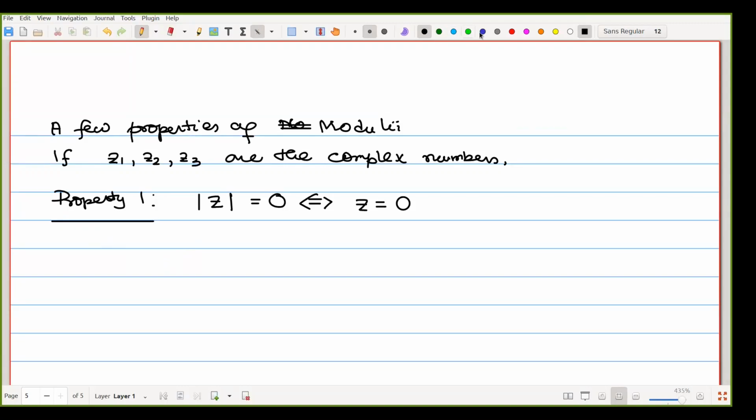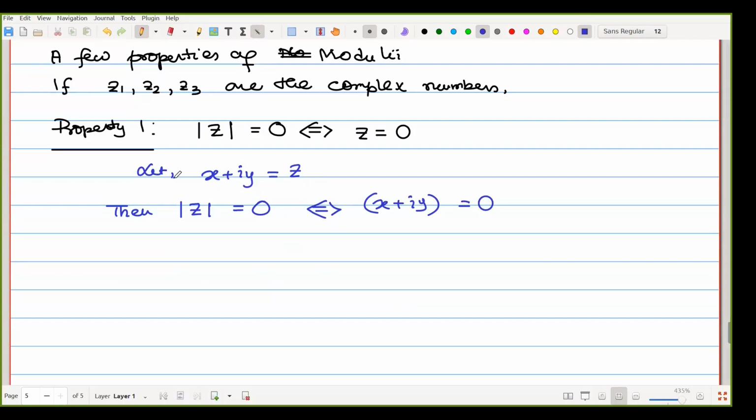How can we prove it? Let x plus iy be equal to z. Then, as we have modulus of z equal to 0, that implies modulus of x plus iy is also equal to 0.